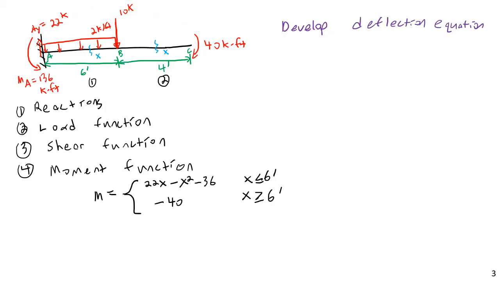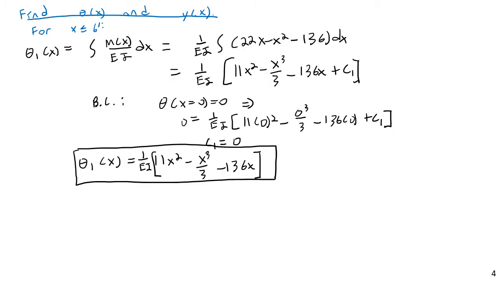Yes, if you have a pin or a roller, the theta would not be equal to 0. This is a fixed support, though. It's a cantilevered beam with a fixed support, so therefore y is equal to 0. But yes, if we had a simply supported beam, we would have to work through the equations all the way through, and then apply systems of equations to solve for the constants. Or you have to solve simultaneous equations.